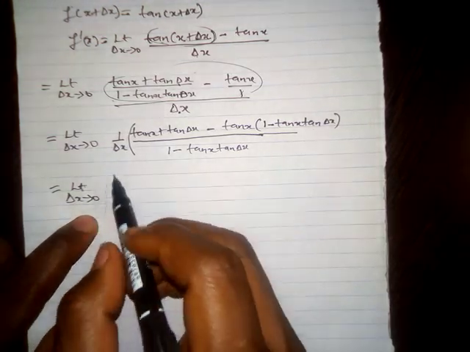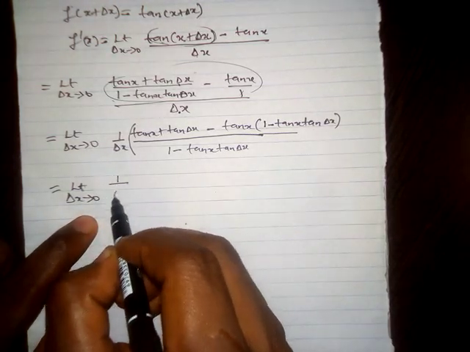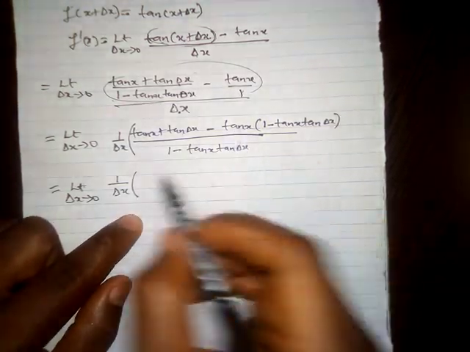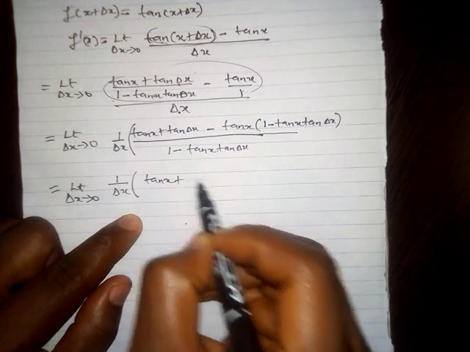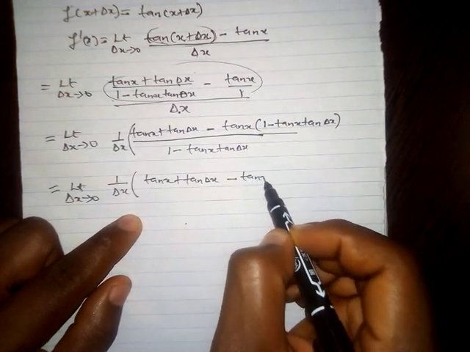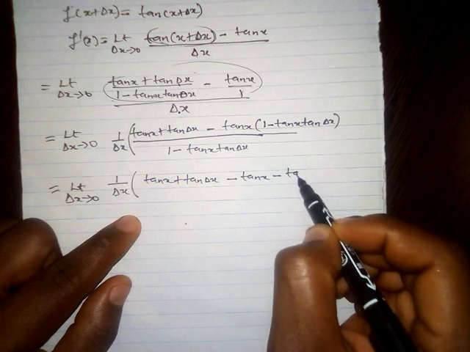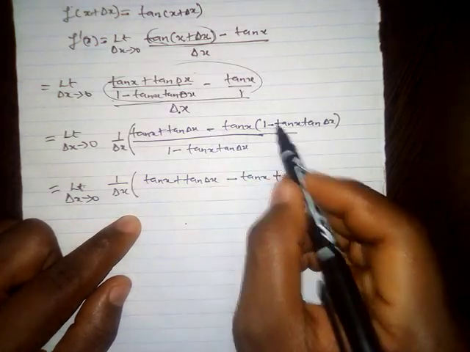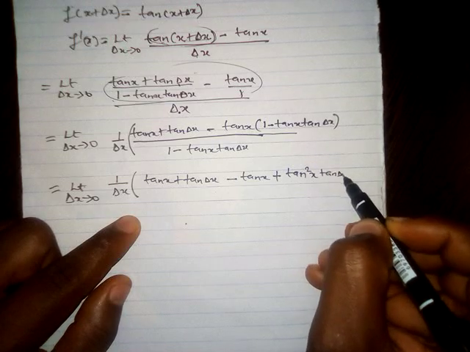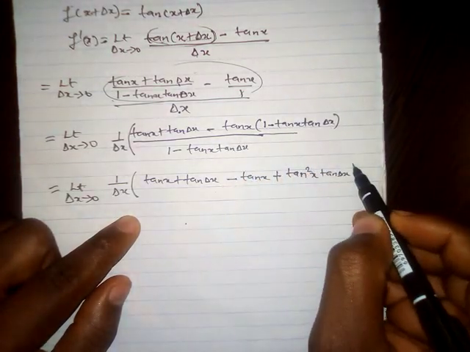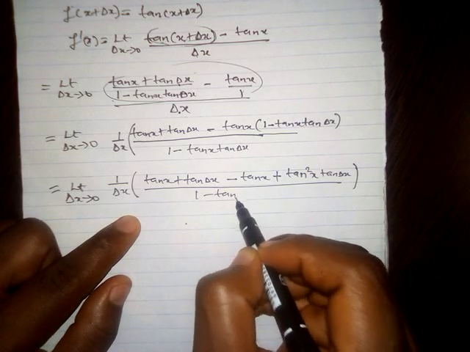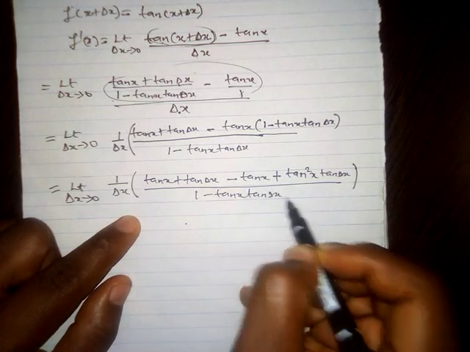Now we have this as 1 over change in x multiplying. Now if I open this up, I'll have this as tan x plus tan change in x minus tan x minus, okay, plus, because minus minus here will be plus, tan square x tan change in x. I just open up this bracket. Okay, now everything is all over 1 minus tan x tan change in x.